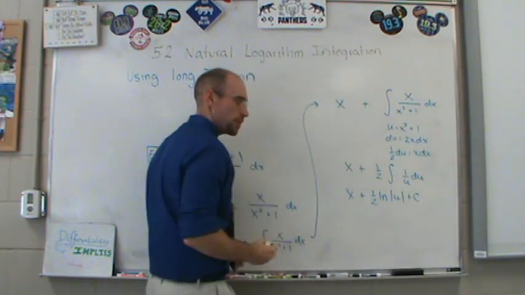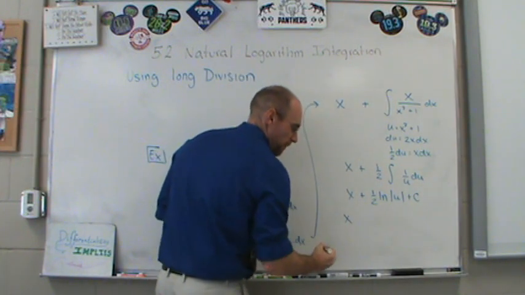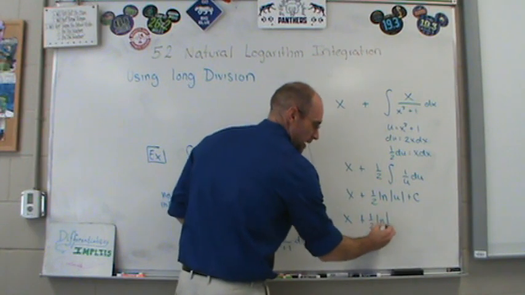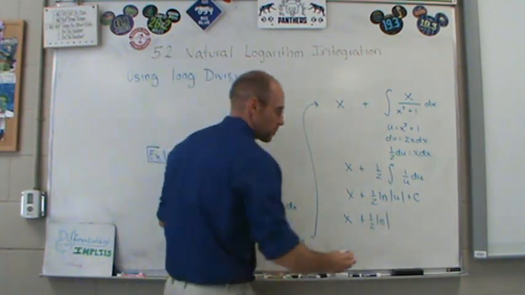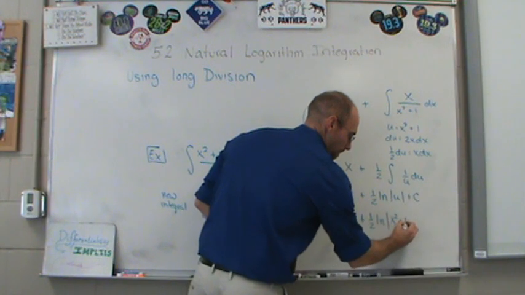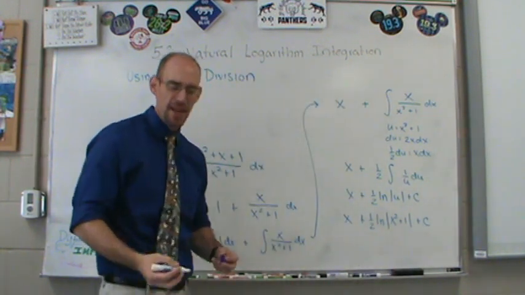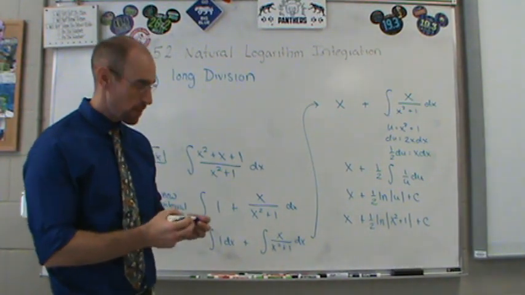plus c. Now I can replace u. So my final answer becomes x plus 1/2 natural log, u again was x squared plus 1, plus c. And that ends up being our final answer for this problem.